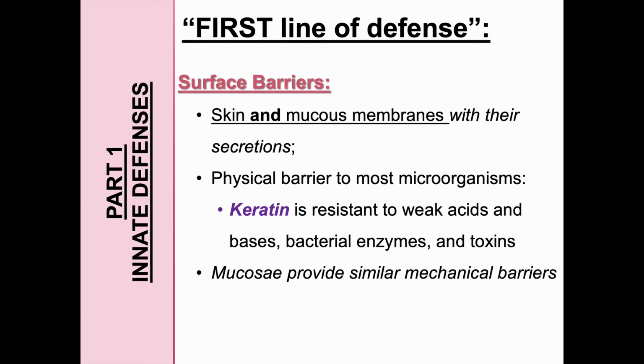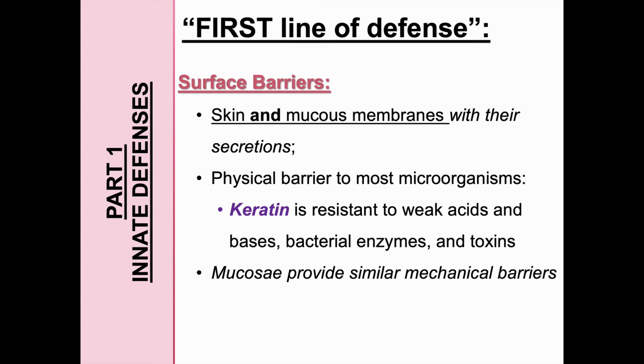As far as skin and mucous membrane are concerned, in the skin you have many layers: stratum corneum, lucidum, then spinosum, granulosum, and basale, different types of skin layers. In these layers, keratinocytes are distributed all over the skin.